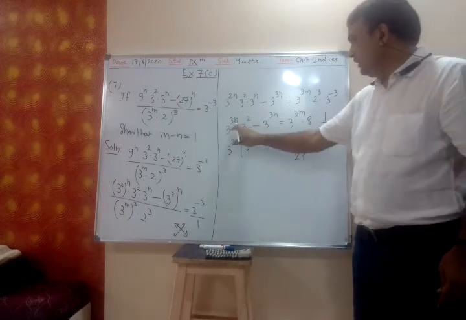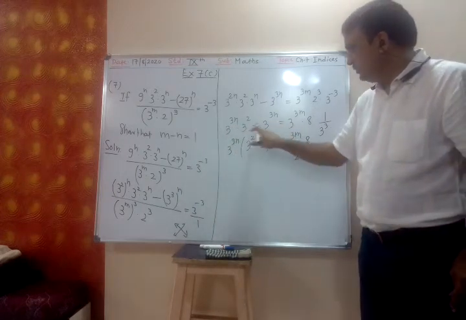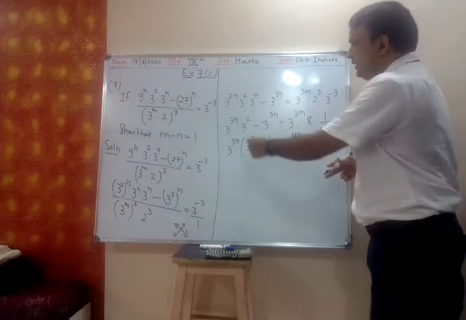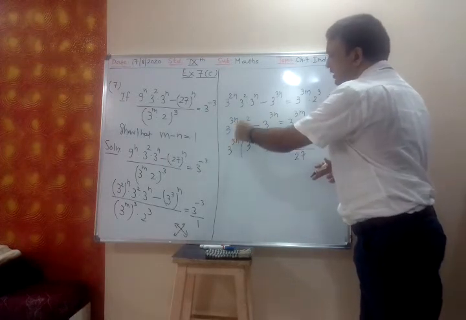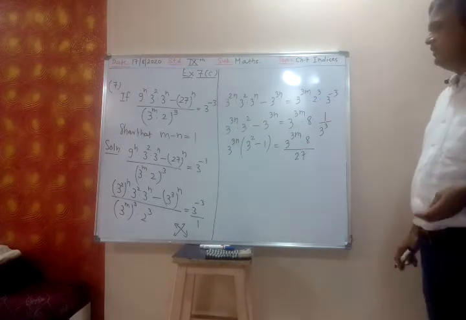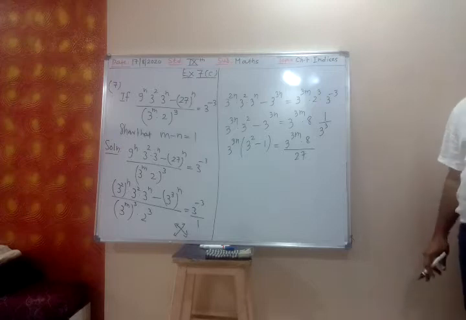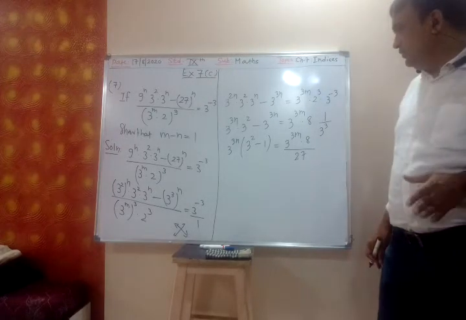I have taken 3 raised to 3n common. There are 3 raised to 3n, 3 raised to 3n, I can take common. Then what is left? 3 raised to 2 minus 1. Getting? Understood?